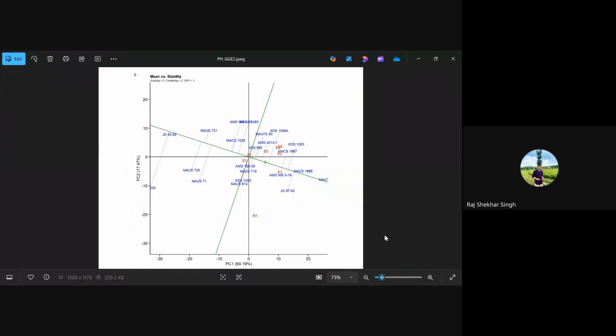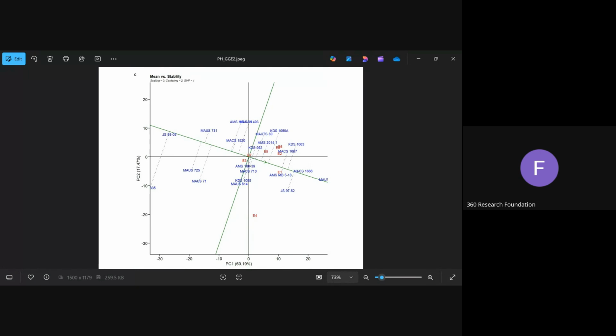Sir, in the earlier graph, here also we have concentrated on the center of origin. This is the positive side, negative side, like that only. Here we are saying these two whole lines are called the arrow environmental axis.